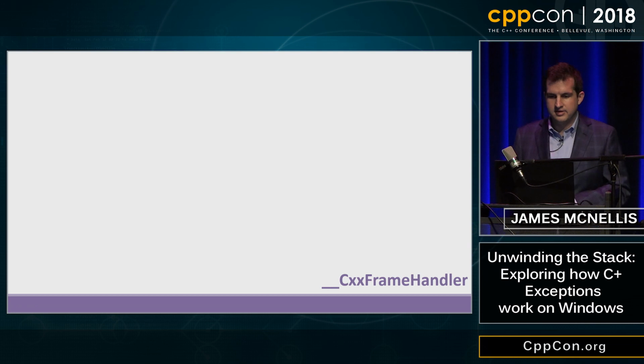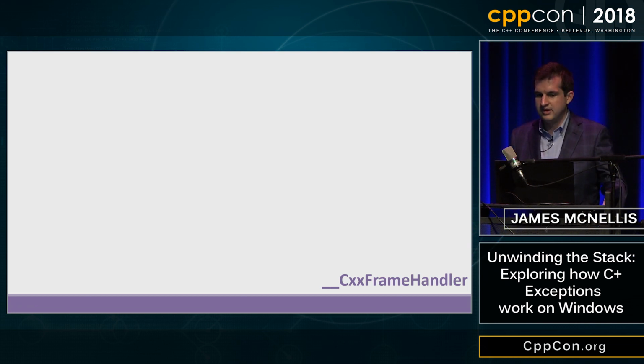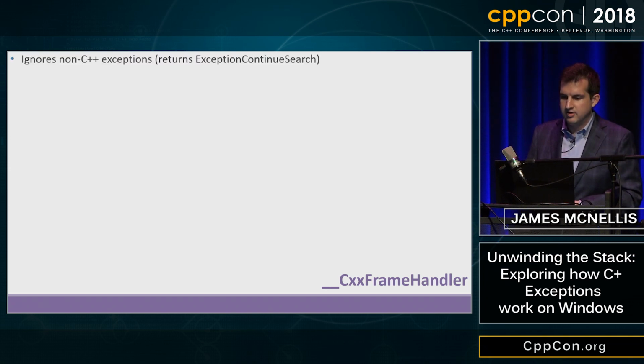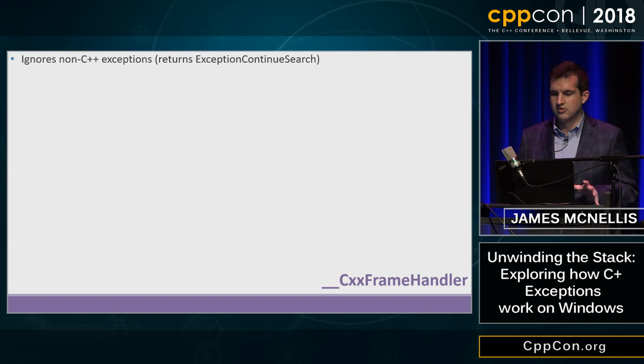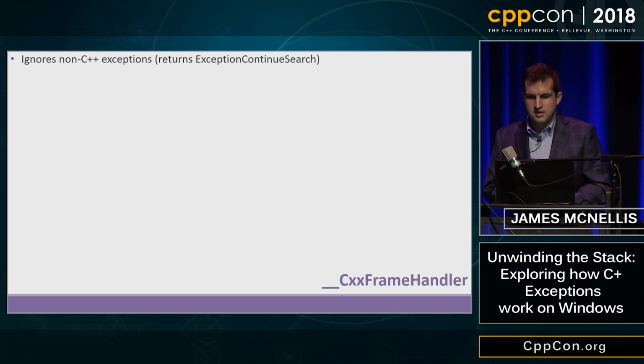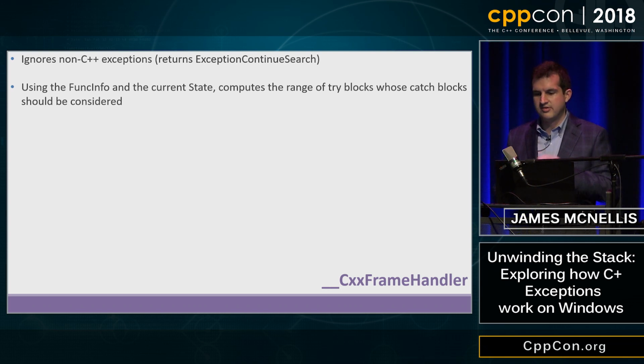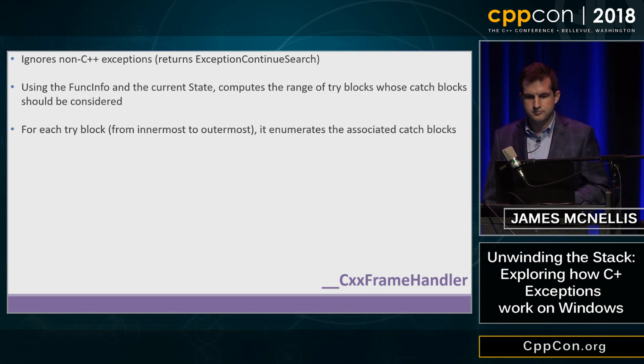So if we look at the exception handler function, for structured exception handling, we showed except handler 3. For C++, we use CxxFrameHandler. The first thing that this function does is it ignores non-C++ exceptions, at least in the usual mode. Second, it looks at the funcinfo and the current state, and it uses that to compute the range of try blocks whose catch blocks should be considered.